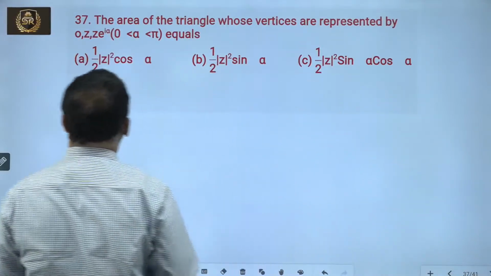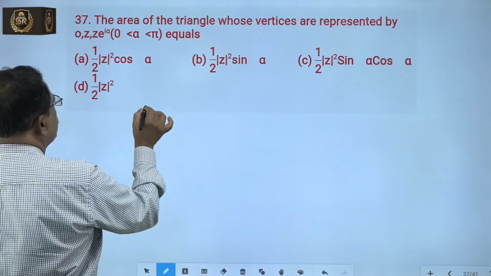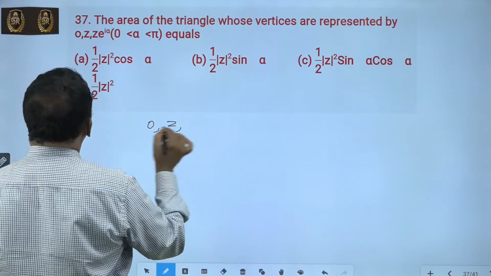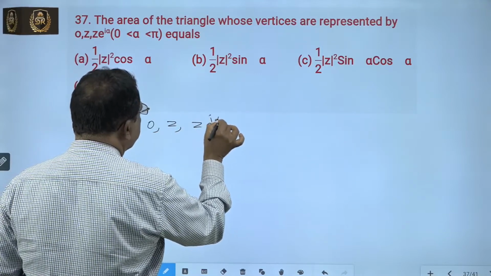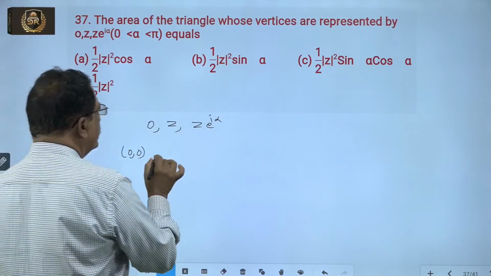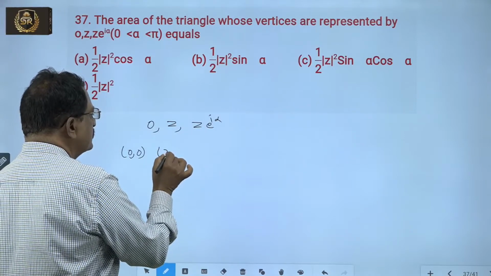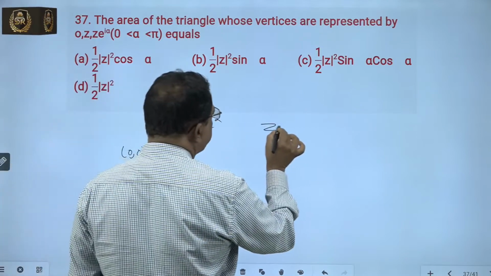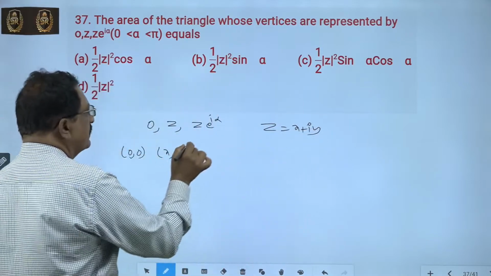Next, 37. The area of the triangle whose vertices are 0, Z, Z e power i alpha. Now, first point is 0 comma 0, second point Z. Suppose we consider Z equals x plus iy, therefore the point x comma y.